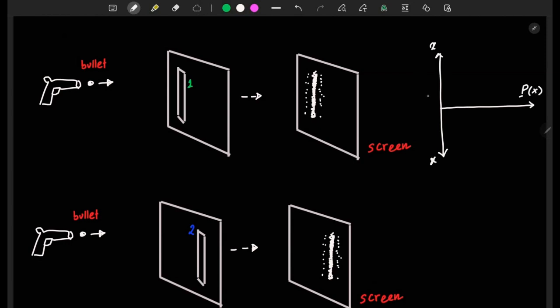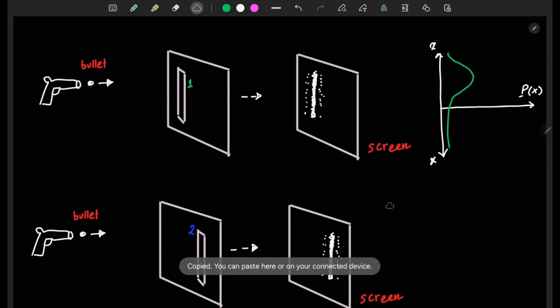If you count the number of bullets that end up in each region on the screen, there is nothing on the right side, nothing in the middle, and a lot of bullets on the left. So if you draw a probability graph, a distribution of the bullets, you'll have something like this: a high density to the left of the screen, and as you go to the right, there is nothing. Again, we can do the same thing for the second experiment with the slit position changed.